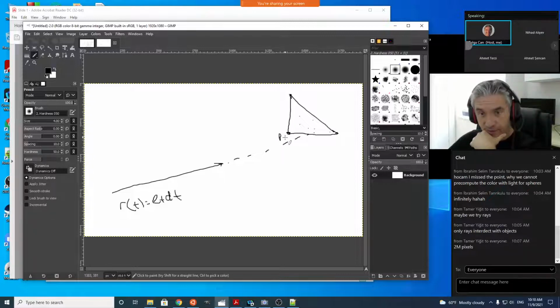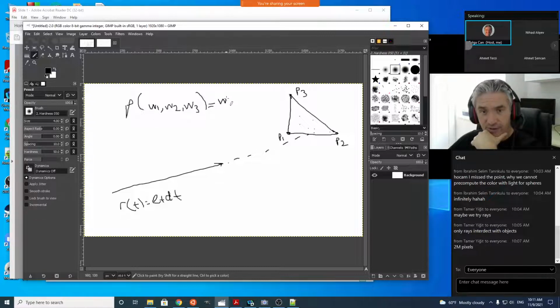Given the 3 points of the 3 corners of a triangle, a triangle equation can be something like this: a point on a triangle. I'm going to write 3 parameters here first, but one of the parameters is dependent on the other parameters, so actually there are 2 degrees of freedom.